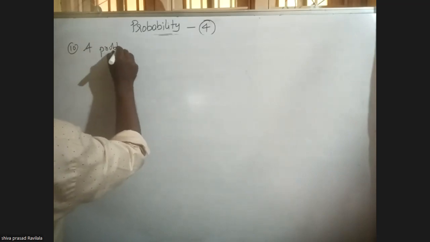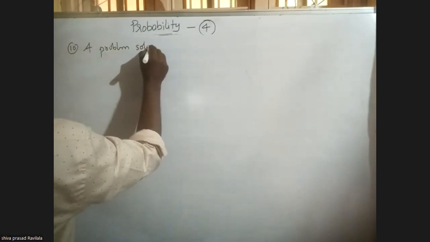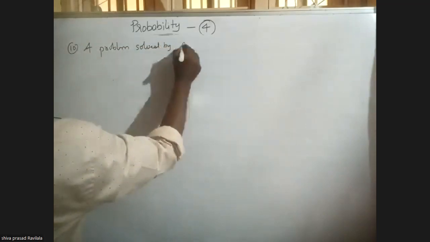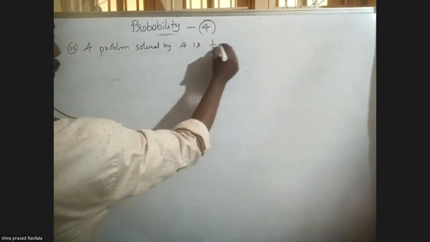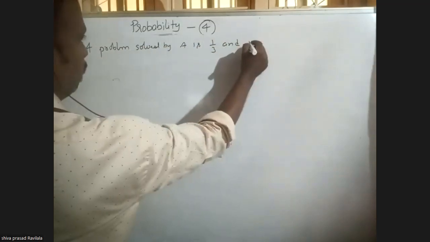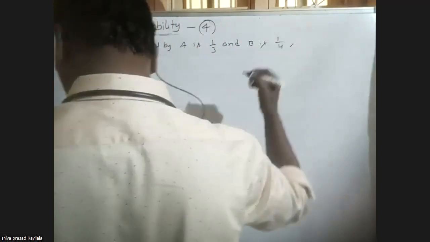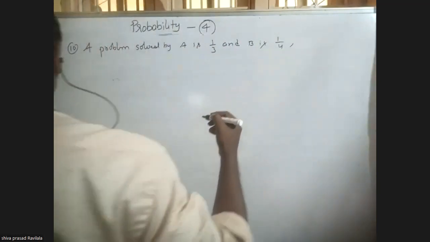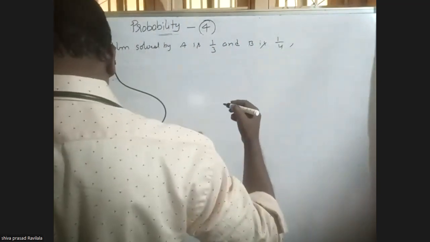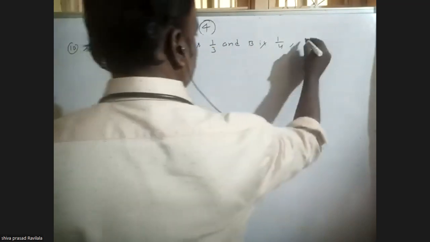A solves with probability 1 by 3 and B with probability 1 by 4.